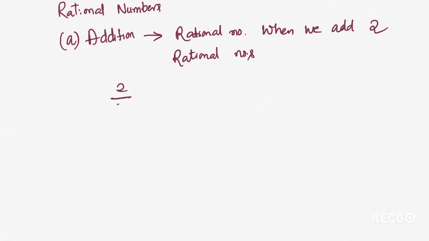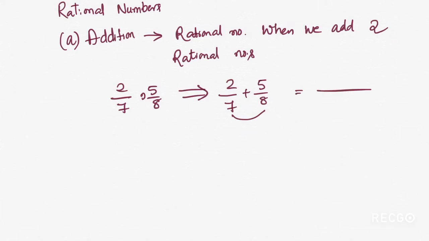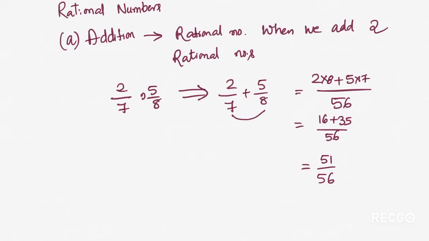Take an example. Let's say 2 by 7, 5 by 8. Let's add 2 by 7 plus 5 by 8. The LCM is 56 because there are no common factors, and after cross multiplication, 2 into 8 plus 5 into 7, therefore 16 plus 35 by 56, therefore 51 by 56.